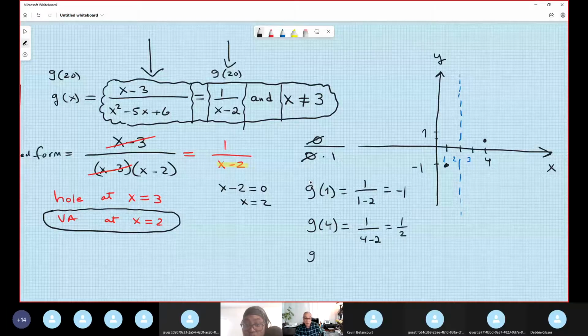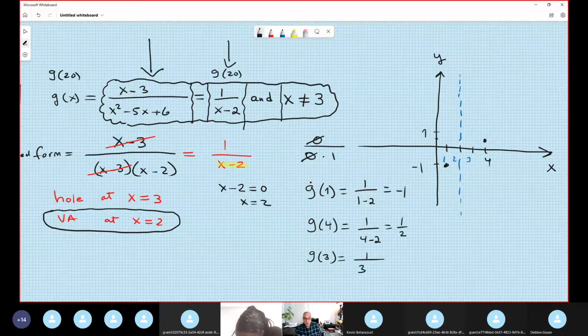Well, you can evaluate 3 in the expression after the simplification. There's 1 over 3 minus 2. 3 minus 2 is 1, 1 divided by 1 is 1. Okay, entonces es 3, 1 here, but we have a hole at 3. Okay, this is the idea.